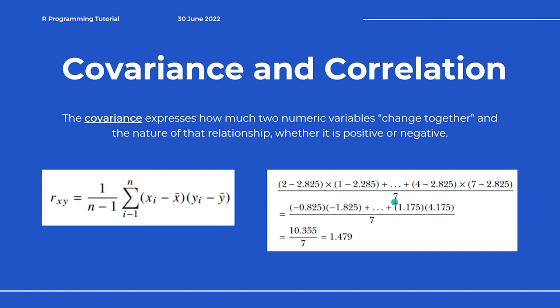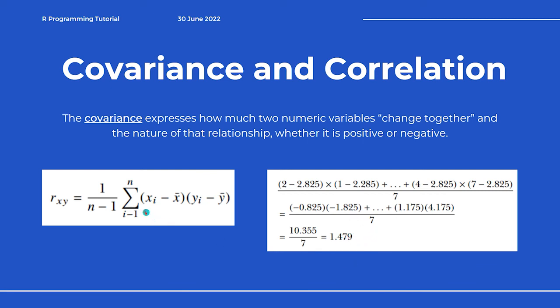As you can see here, we compute the first value of the x data minus the mean times the first value of the y data minus the mean, and so on and so forth up to the last one. We add all of them and divide by 7, and based on that computation, the value will be 1.479, which is a positive value.